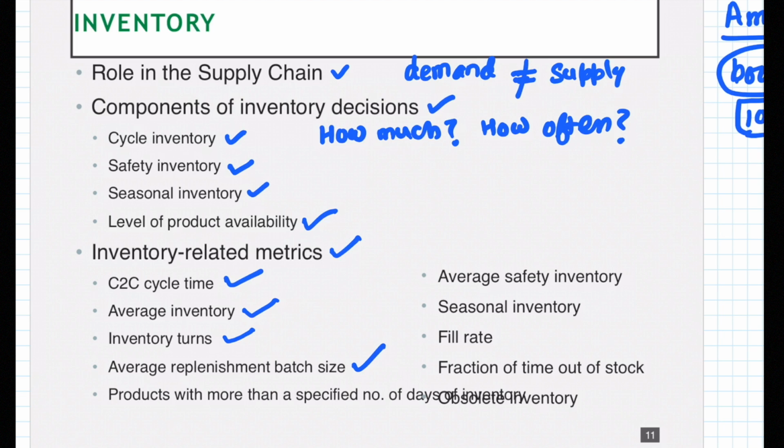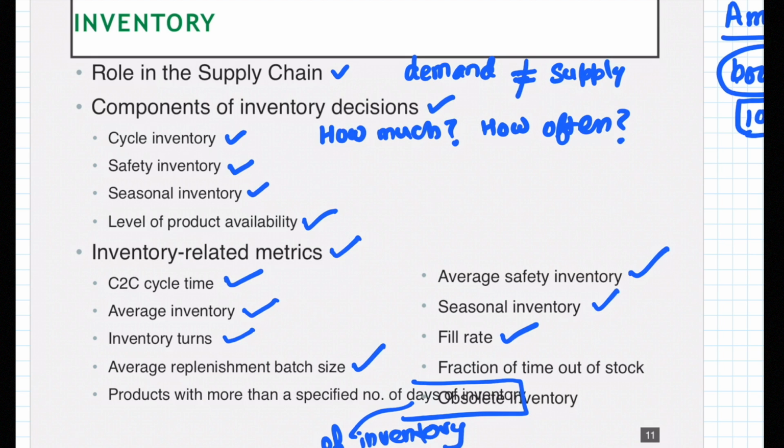Products with more than a specified number of days of inventory: basically it helps to identify products for which the company is carrying a high level of inventory. It can also help to figure out fast moving products and slow moving products. Average safety inventory. Fill rate is the proportion of orders or demand that are met on time from the inventory. Fraction of time out of stock, obsolete inventory.